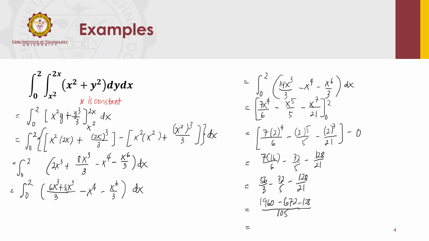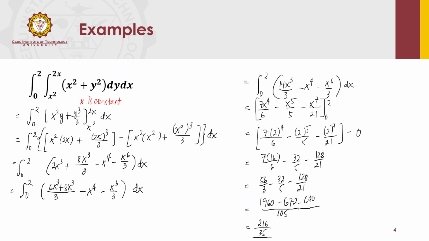Okay, so this is not minus 128. So it's 105 divided by 21, so that's 5 times 128, which is 640. So we have 648 over 105, in simplest form that's 216 over 35.